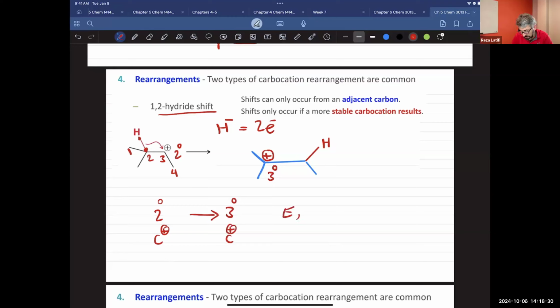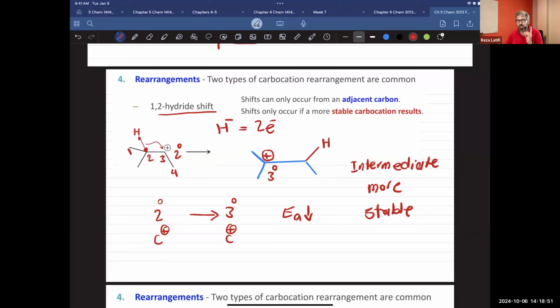That's going to drop the activation energy, and it will make the intermediate more stable. Anything that makes the intermediate more stable will favor the chemical reaction.